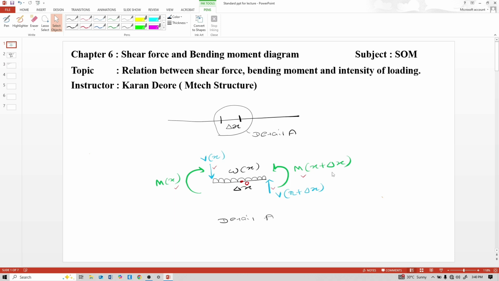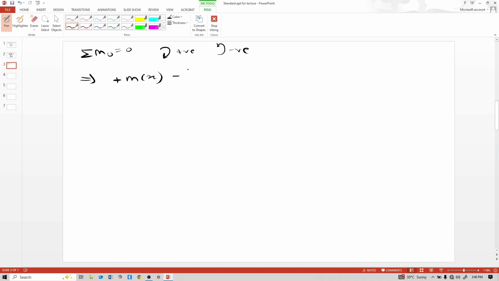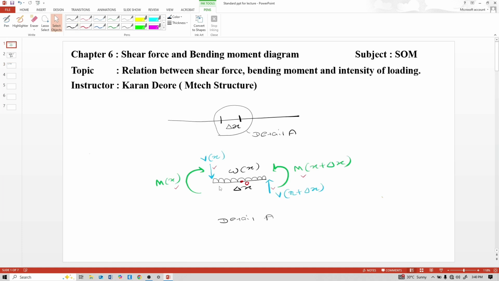This M of x plus delta x is anti-clockwise, that means minus M of x plus delta x. This V of x is also anti-clockwise about that point O, so minus V of x into delta x by 2. This distance is delta x by 2.